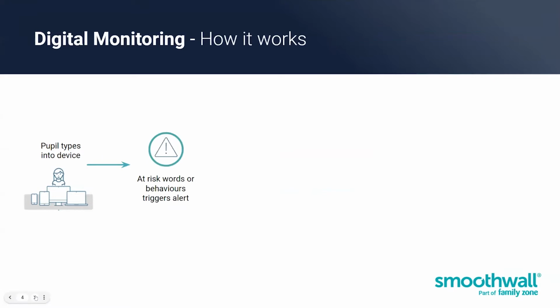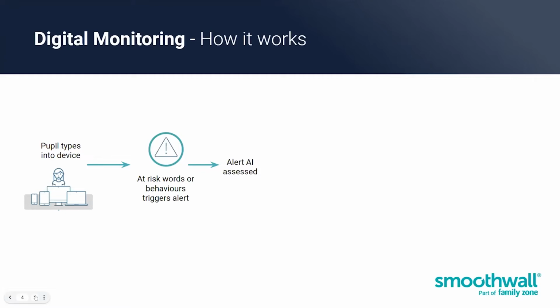So those risk words are captured, those behaviors are triggered, and then that would be fed through to our AI platform. The AI would then assess those risk words, remove the more basic false positives, so potentially words like assessment, Scunthorpe, Middlesex, that we know aren't genuine risks, and the AI platform can delete those on your behalf.